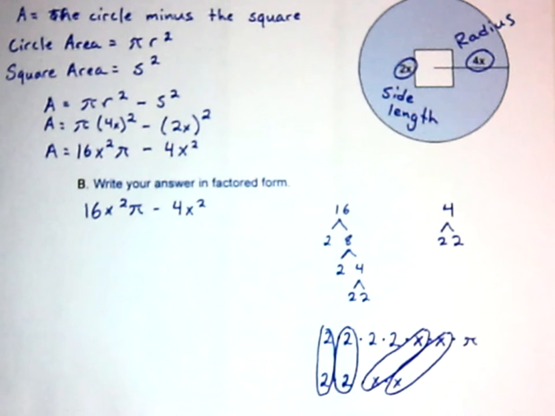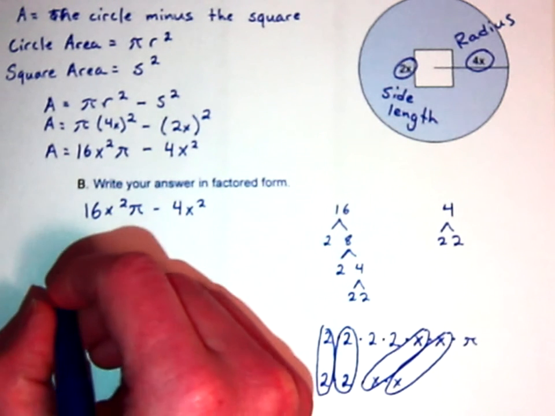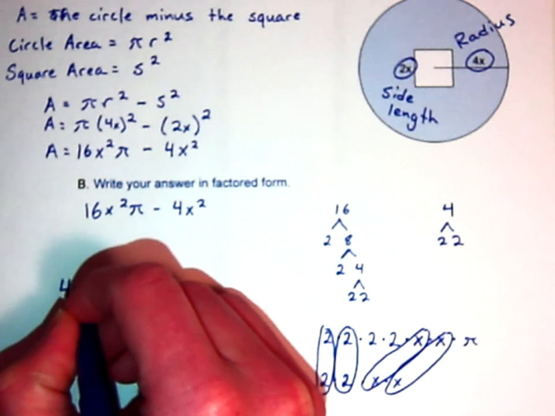Anything that I matched here, I'd write down here. This is going to be 2 times 2, and then times x times x. Well, 2 times 2 is 4, and x times x is x squared. So the first part of my answer is 4x squared.